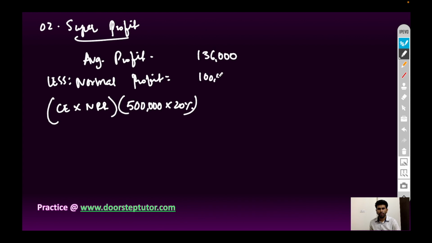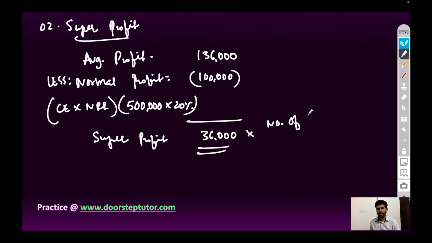So normal profit will be 1 lakh rupees. Average profit less normal profit, super profit is 36,000 rupees.